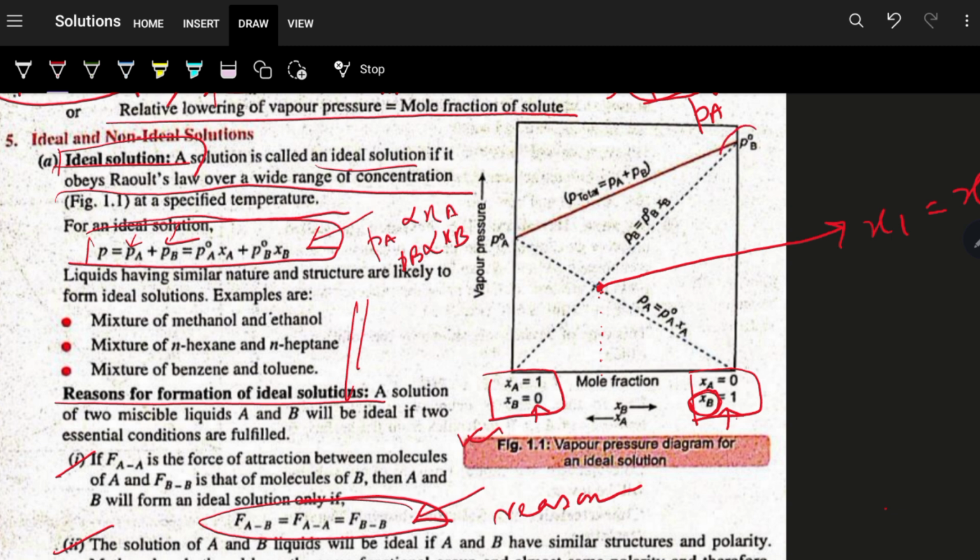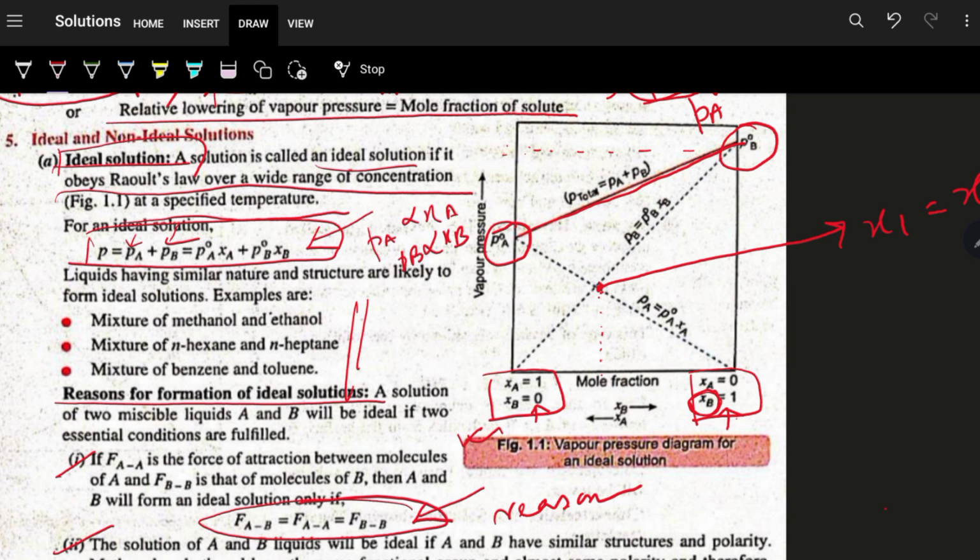So PB naught is the vapor pressure of pure component B and PA naught is the vapor pressure of pure component A. In this plot, we can see that PB naught is at a higher value. That means the volatility is greater, has been assumed.